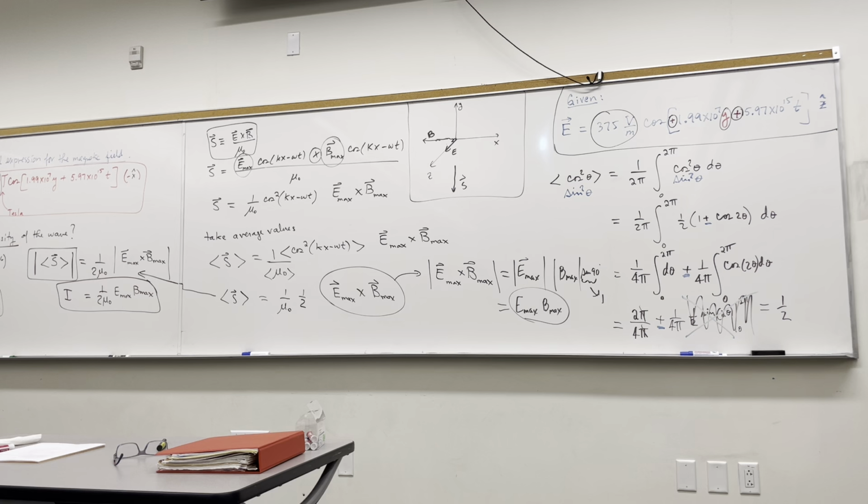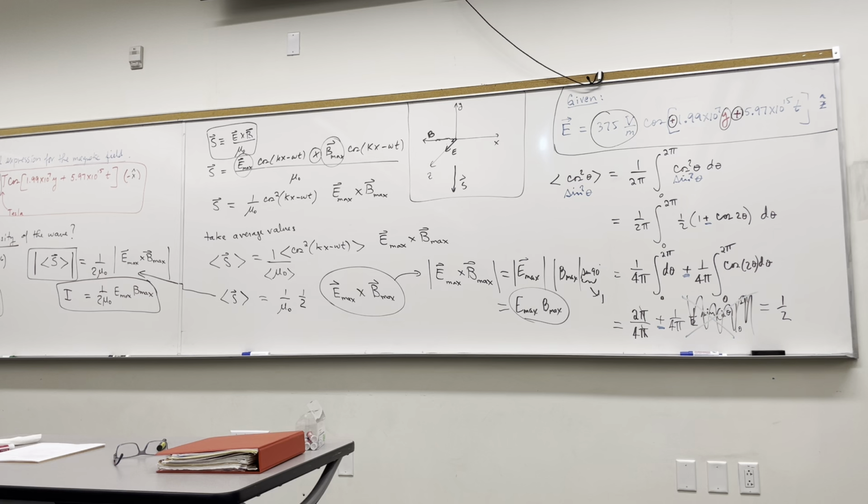How much is the integral of d theta? Theta. From 0 to 2 pi, this gives me 2 pi, so this will be 2 pi over 4 pi.